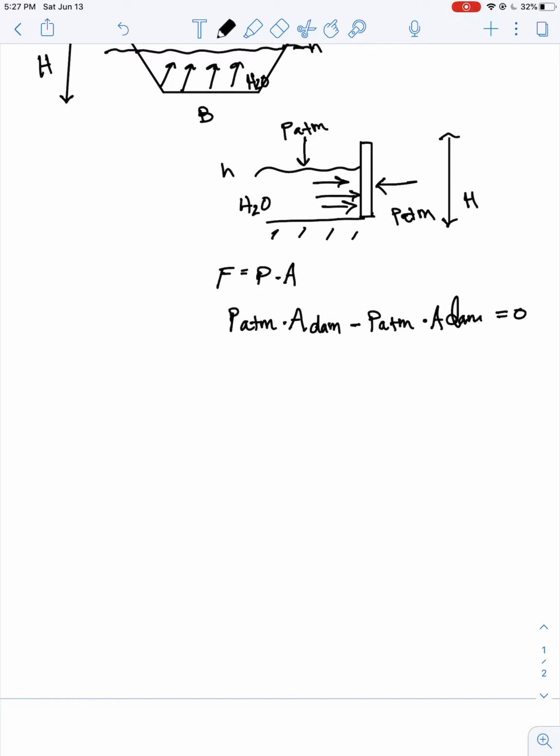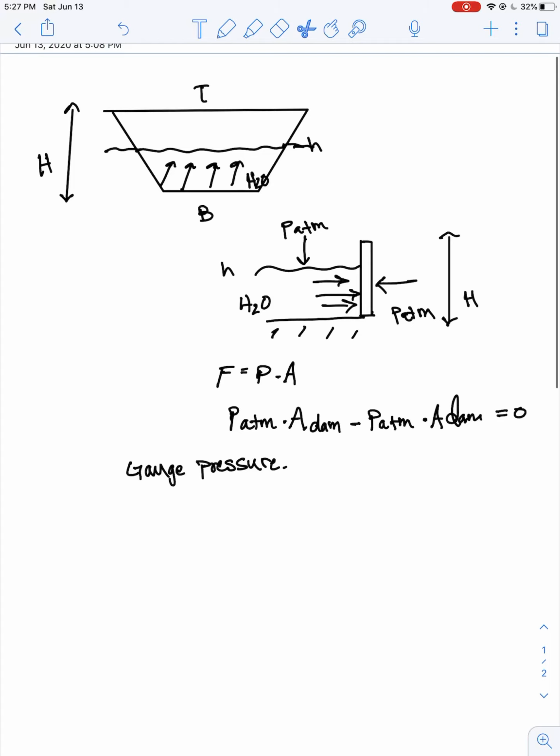By observing that the two atmospheric pressures that act on the dam have forces that cancel out, we can conclude that we can work with gauge pressure and not worry about the atmospheric pressure. So gauge pressure, since we know that they cancel out. Now back to the front view right here.